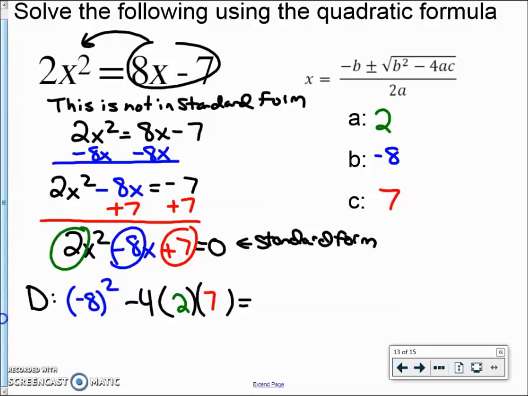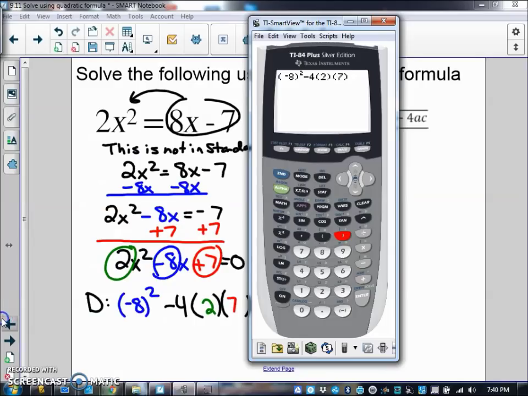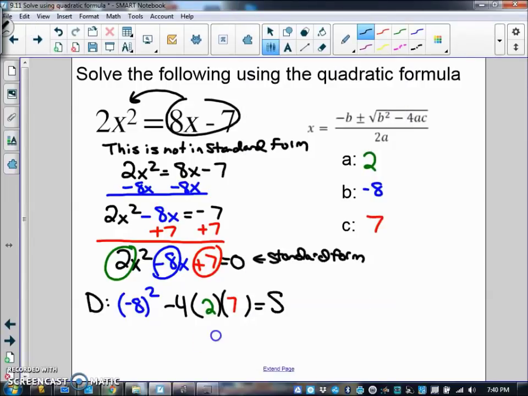The easiest way to calculate that is put that in my calculator. I put this into my calculator and I get negative 8 squared minus 4 times 2 times 7. Again, I cannot stress it enough, I put all my substituted values in parentheses. I hit enter, and my discriminant is equal to 8. Which means I will have 2 real solutions.